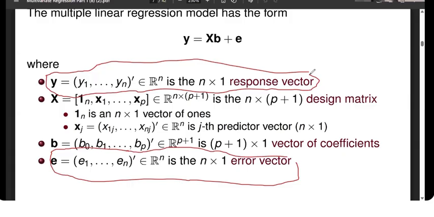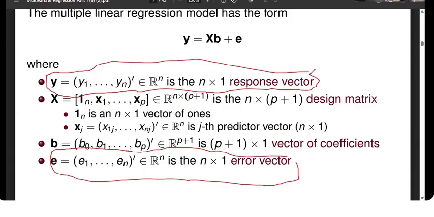It is required that when the error follows a normal distribution, the response variable should also follow a normal distribution. So the two of them have to be in the same dimension. If the response variable is n by 1, the error should also be n by 1.